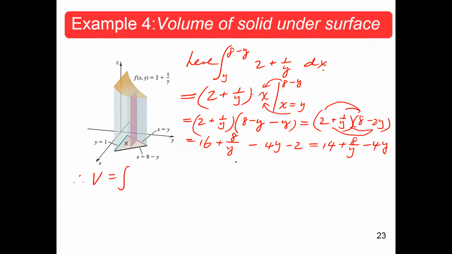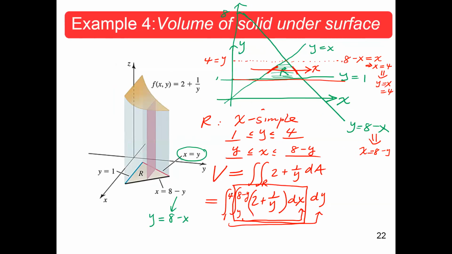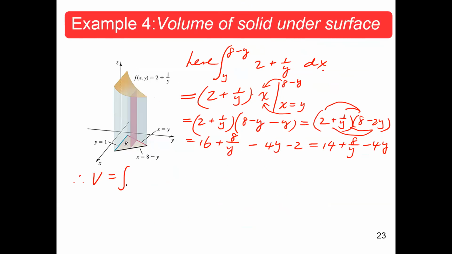Therefore, our outer integral will just be from 1 to 4, dy, and then copy this whole thing here: 14 plus 8 over y minus 4y. This is relatively easy for antiderivative. So we have 14y. What's the antiderivative for 8 over y?